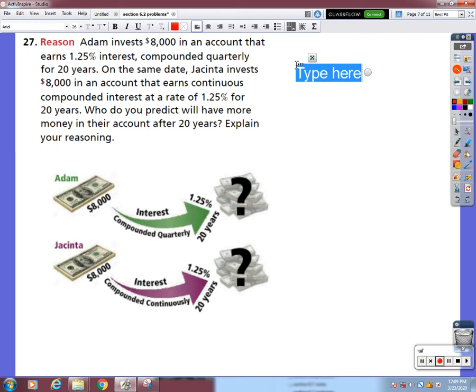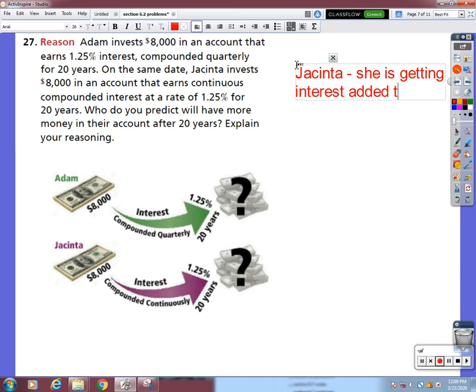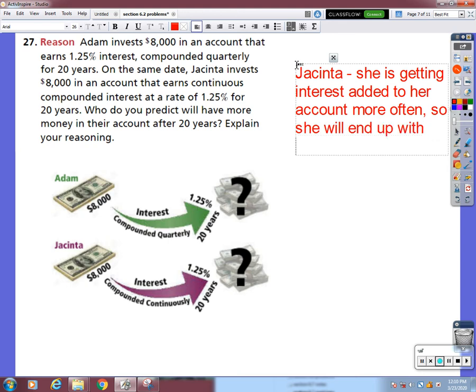So who's going to end up with more money? Well, in this case, it will be Jacinta. She is getting interest added to her account more often, so she will end up with more moolah.